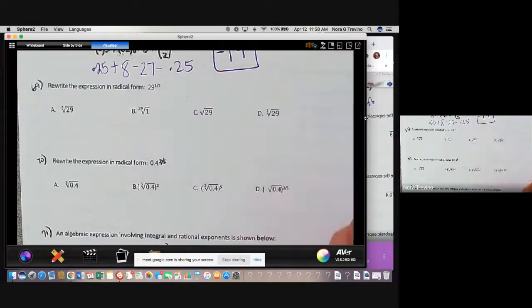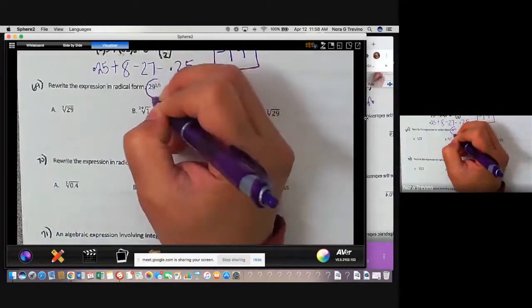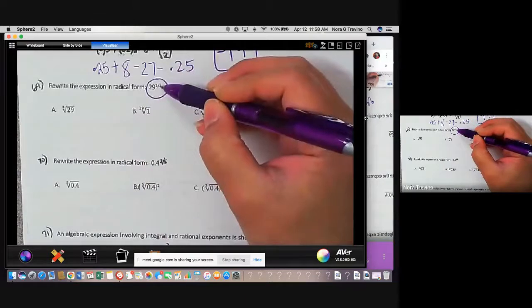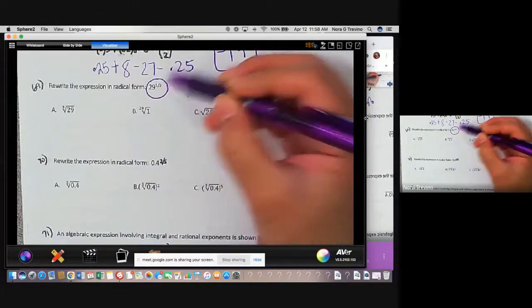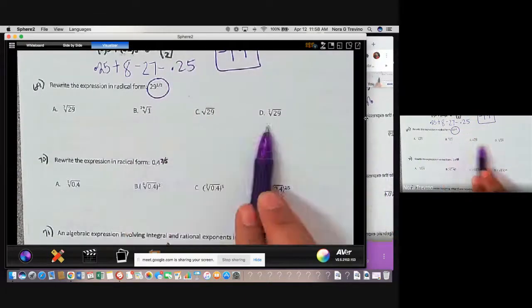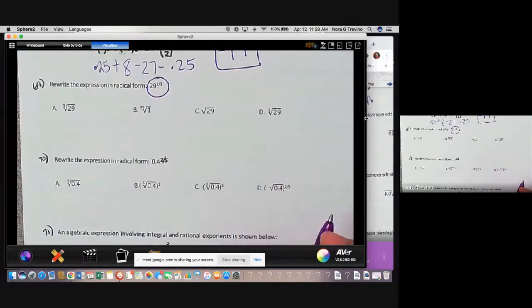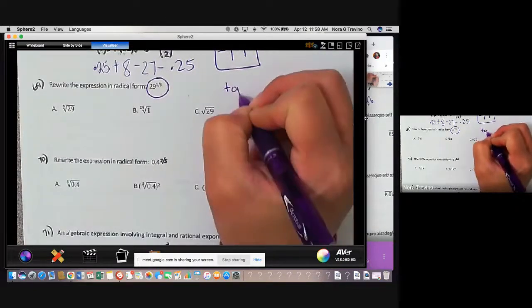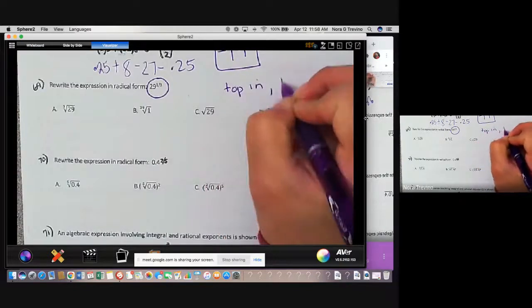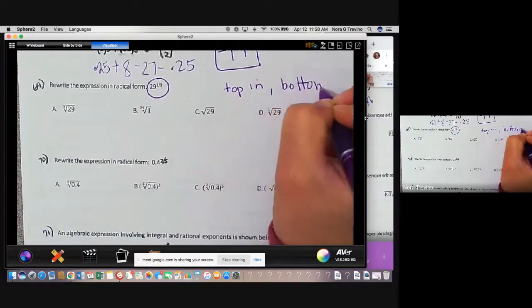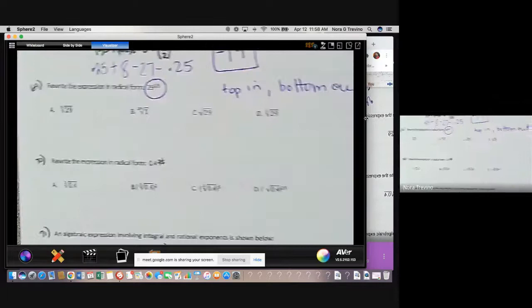So basically it says, can you rewrite this number that is being raised to a fraction? Can you write it as a radical? And yes, we can. The only thing you have to remember is this: top in, bottom out. That's what you have to remember, okay?